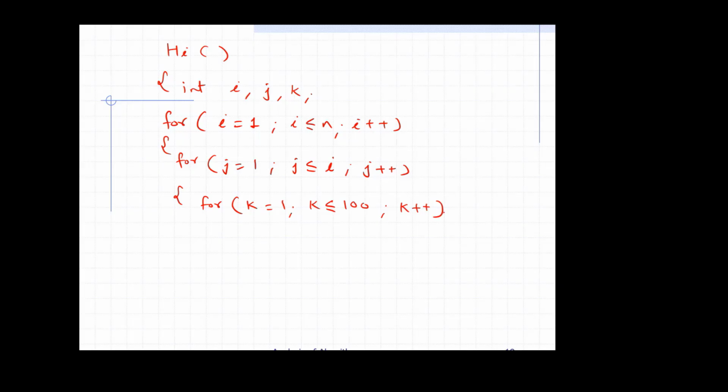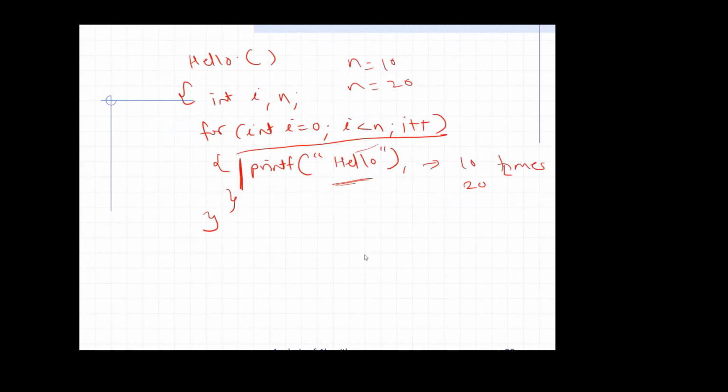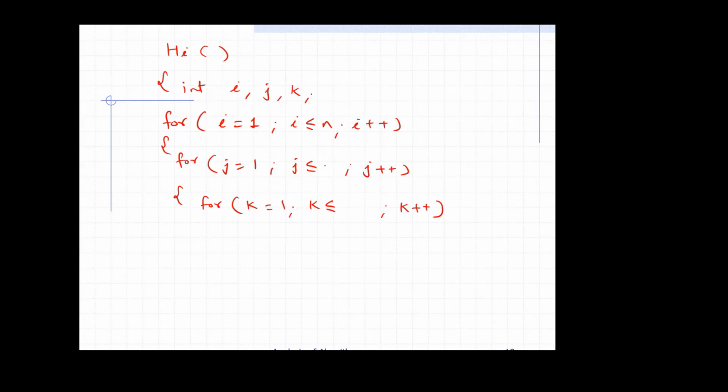Now before going to this, let's think: what if all these values are n? So let's say we have three for loops i, j, k, and inside that we are printing, let's say, "hi". Then how many times will "hi" get printed?